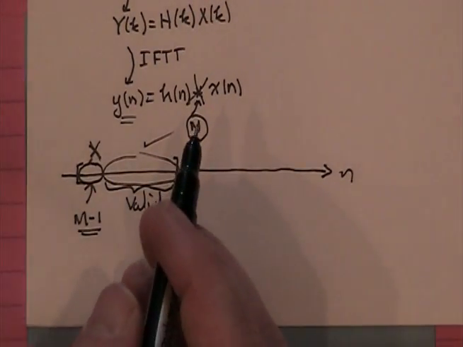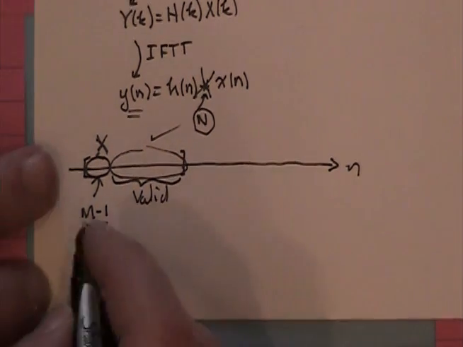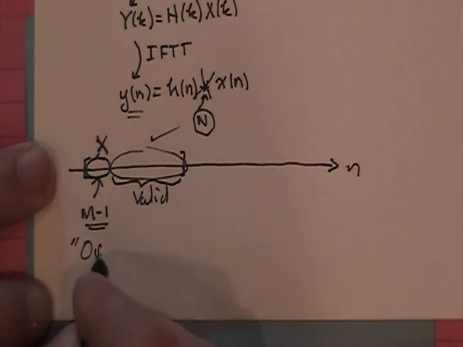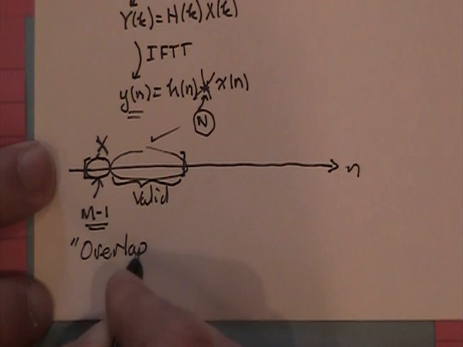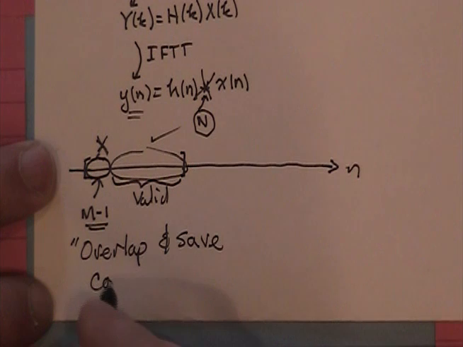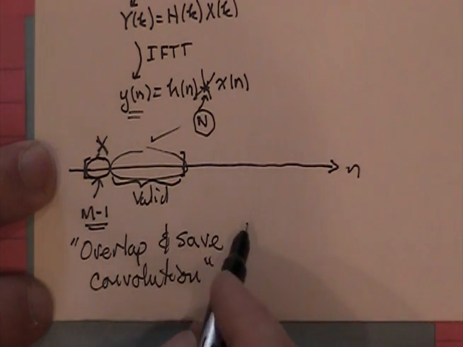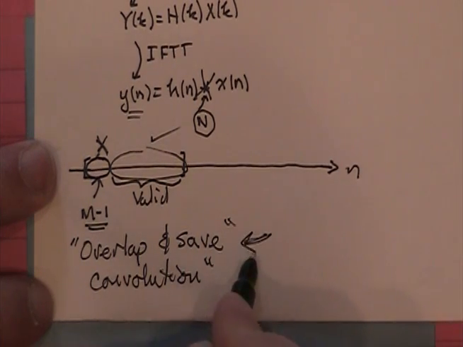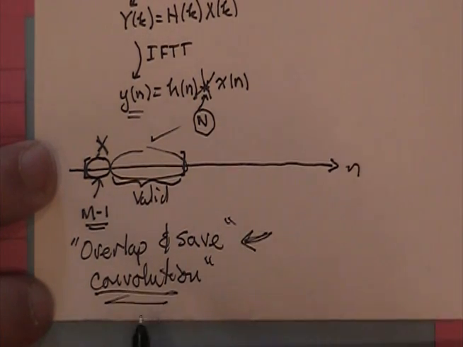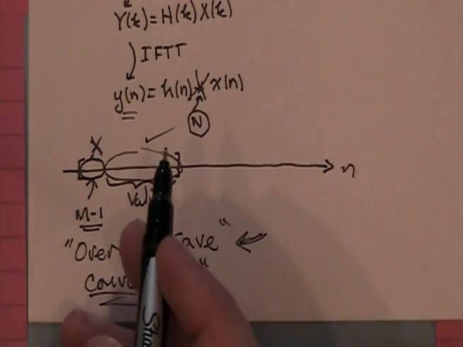And so that's basically what ends up being called the overlap and save method. Basically, overlap and save is a method of doing a linear convolution in the frequency domain, right? Using DFTs and FFTs, all right?